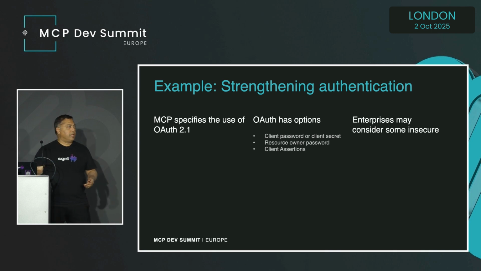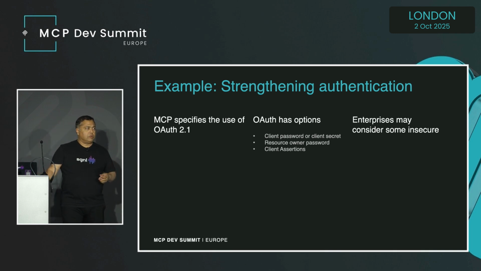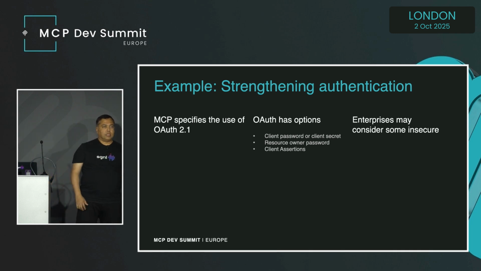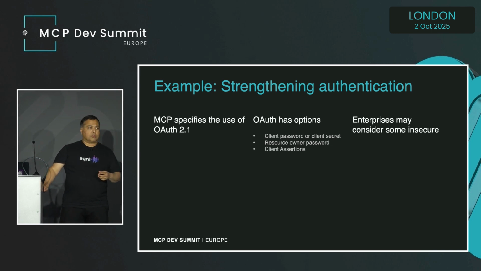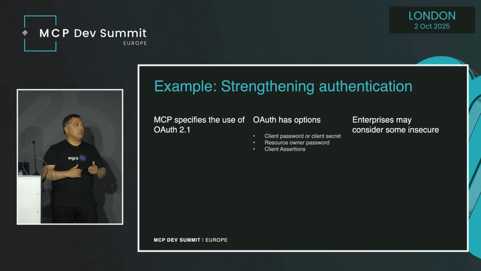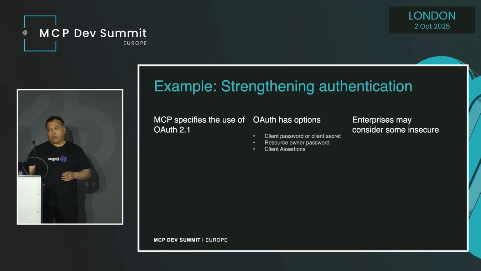So just before we get into that, let's get into a few examples. MCP optionally supports OAuth as a way of doing authentication or authorization, as you've heard. But OAuth has a number of options, and so how do you make sure that only certain options are used in certain situations, like in the enterprise? How can an enterprise enforce that behavior?